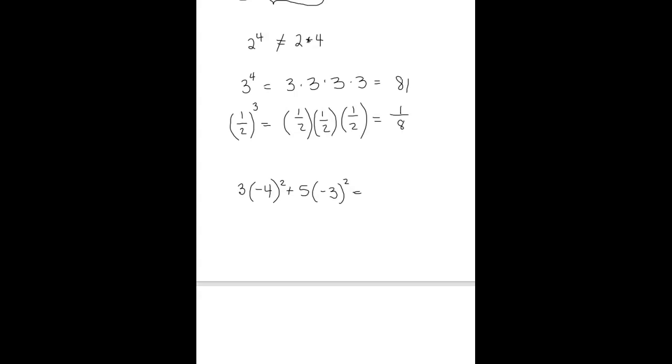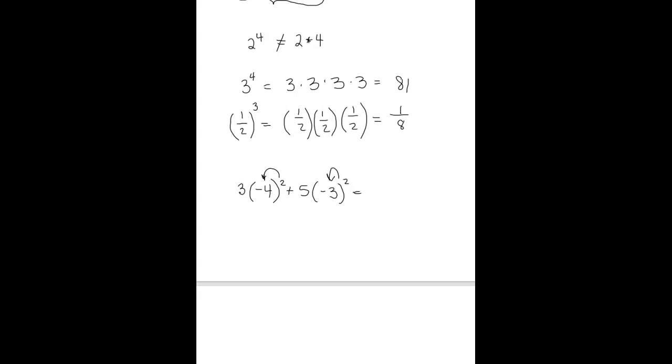I have to deal with my exponents. And remember, the exponent is only operating on what's inside this set of parentheses. Unless I have 3 times a -4 inside the parentheses and then squaring it, you have to deal with what that exponent is operating on first.